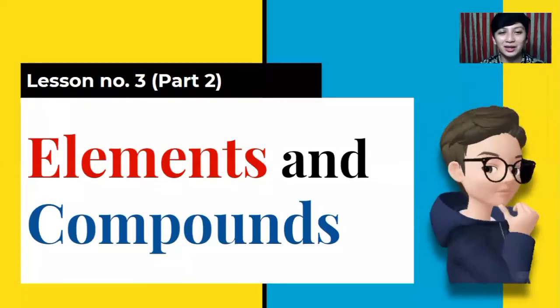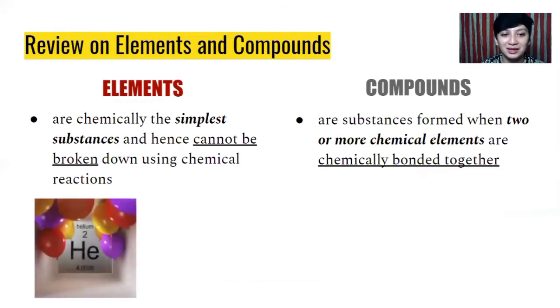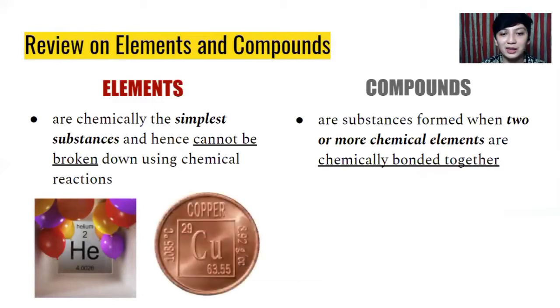Okay, to start with, we will now have a review on elements and compounds. We already know that elements are chemically the simplest substances and hence cannot be broken down using chemical reactions. These are examples of elements. We have helium gas, with the symbol He, and we have Cu, or what we all know as copper.